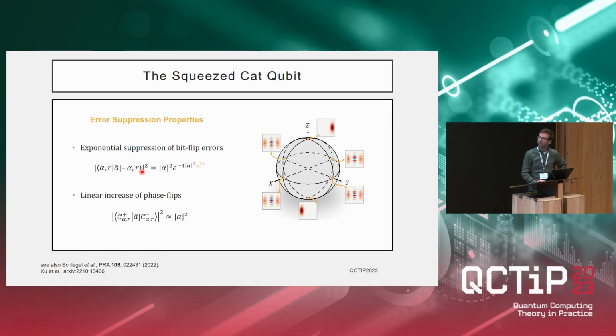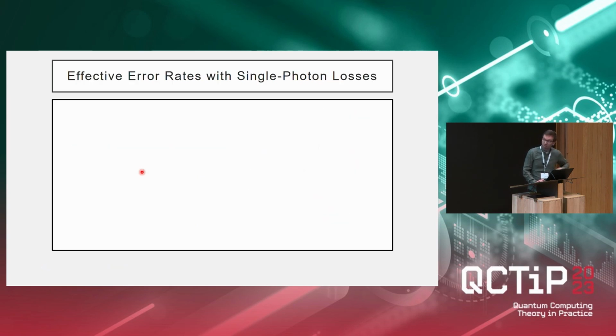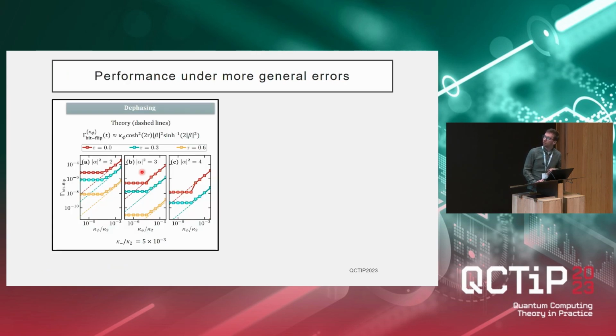Maybe another question related to things that might have been in the missing slides. Can you say what kappa minus is? Yes, sorry. Kappa minus is the single photon loss rate, basically, whereas kappa 2 is the stabilization rate of the cat qubit. So we want to lose photons in pairs.